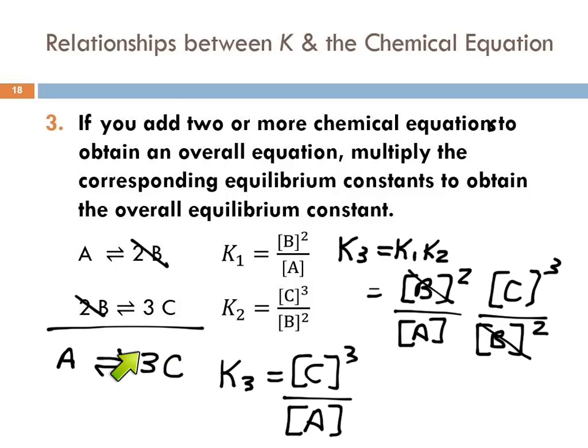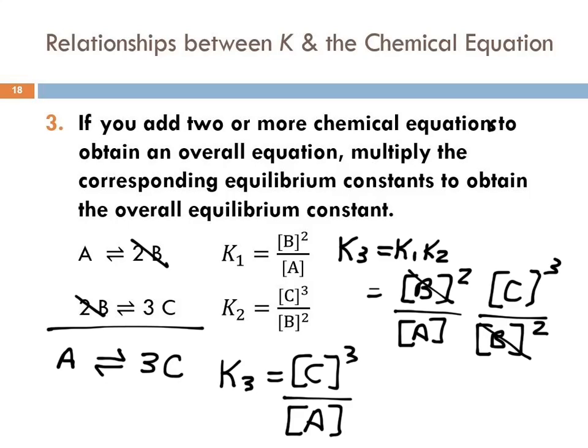This sort of thing can be really useful if you're looking at, say, a reaction mechanism or a sequence of reactions where you have the measured equilibrium constants for each of the steps, but you don't have it for the final result. Do you remember Hess's law from 1A?